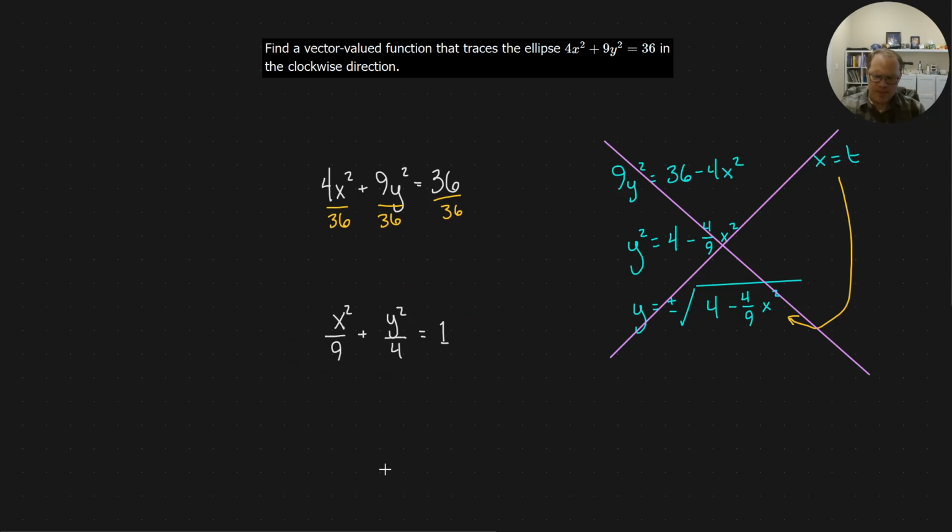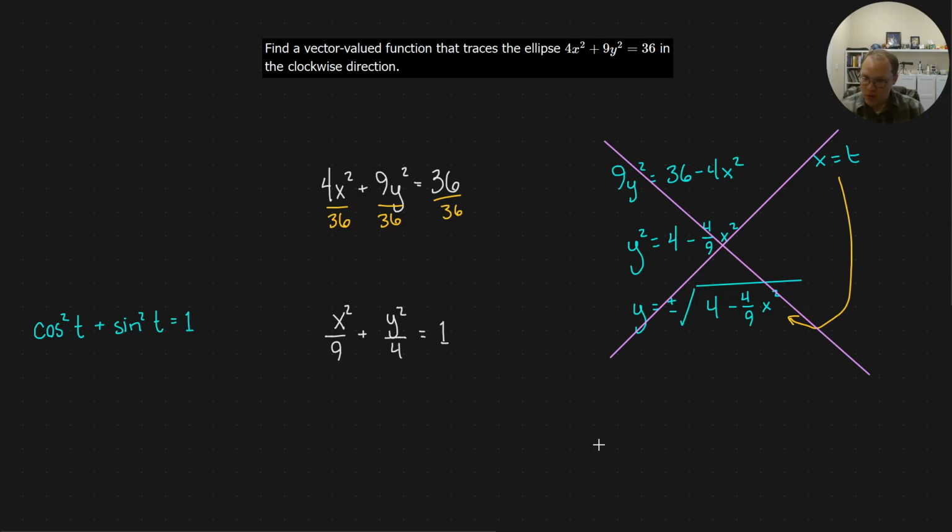Beautiful. So now this is in standard form, and I have something squared plus something squared equals 1. That rings bells if you're a mathematician. We know that cosine squared plus sine squared gives 1.